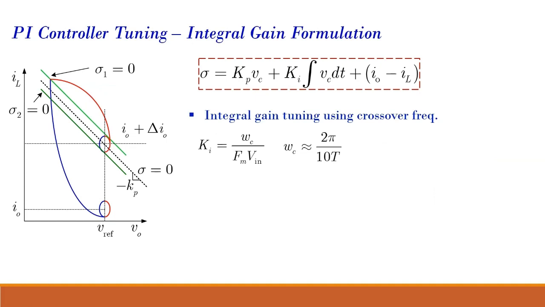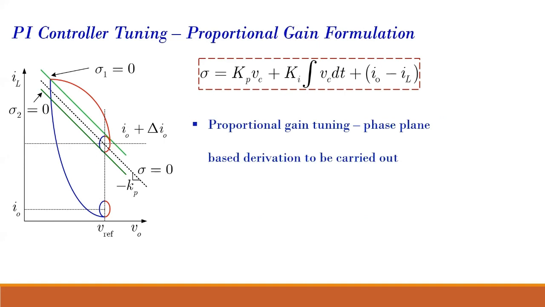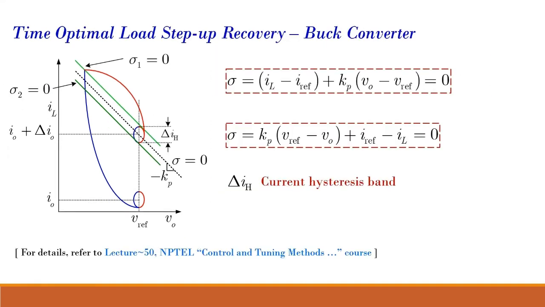So what is the goal? This is for a buck converter. We are at this operating point, we are going to this operating point, and we have this switching surface. This switching surface is the inductor current minus the reference current plus my proportional gain into the output voltage minus the reference voltage.